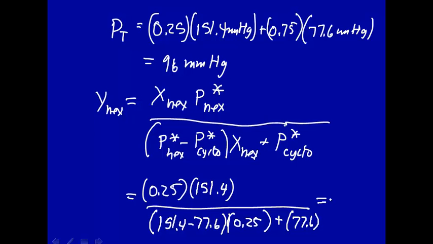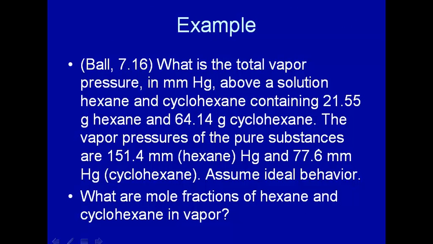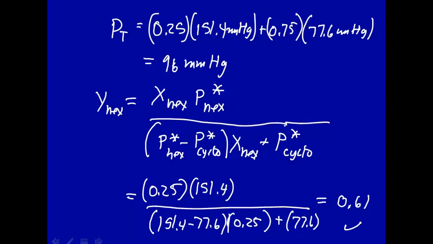So this comes out to be 0.61. Note that the mole fraction of hexane in the liquid phase is 0.25, but the mole fraction of hexane in the vapor phase is 0.61. Is that what we expect? Well, yeah, hexane has a bigger vapor pressure, so you would think that would have a bigger contribution to the vapor phase than cyclohexane, which is less volatile. So that seems to check out.